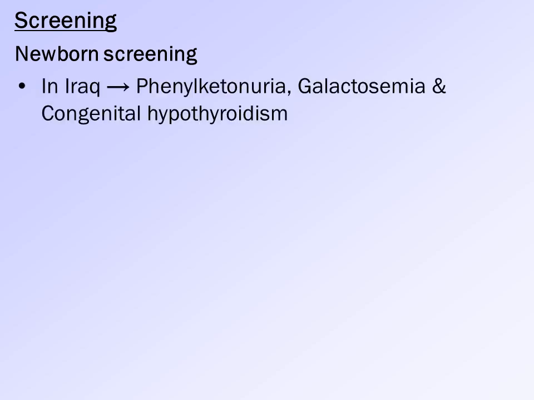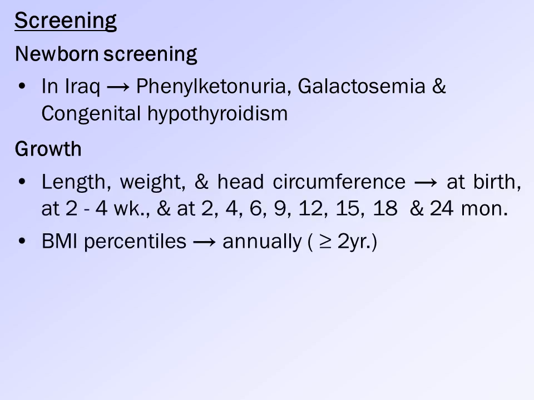In the screening in this age group, there is what is called newborn screening, and in Iraq it includes screening for phenylketonuria, erythrocytemia, and congenital hypothyroidism. Also, we should evaluate the growth of the child by measuring the length, the weight, and the head circumference.